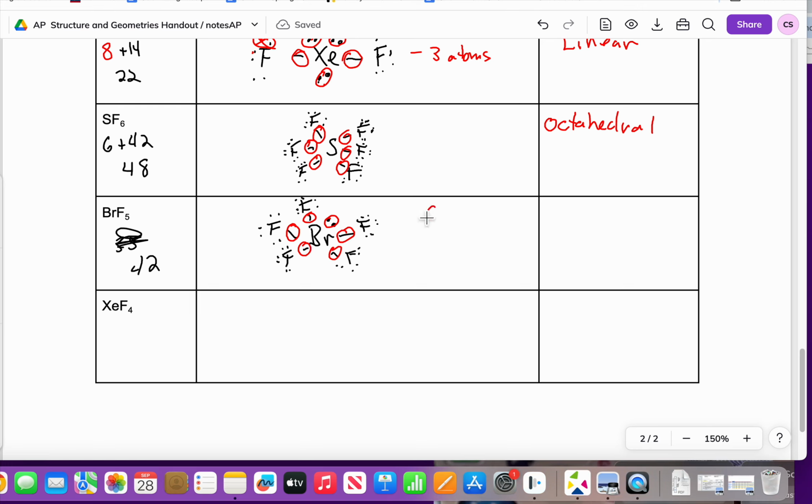So we have 6 domains still, just like up above, except we're 1 atom less. There's one lone pair that doesn't have an atom on it. So we're just going to say minus 1 atom off those 6 domains. And so 6 domains minus 1 atom is called square pyramidal.